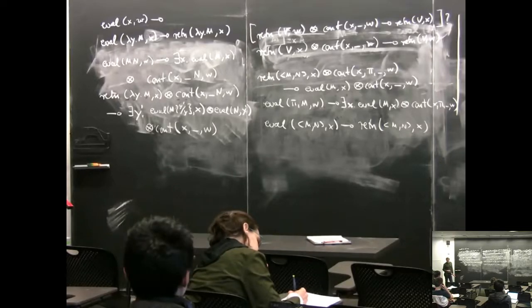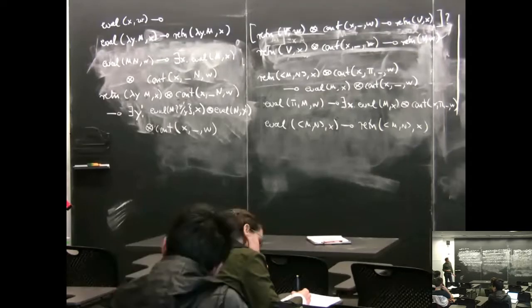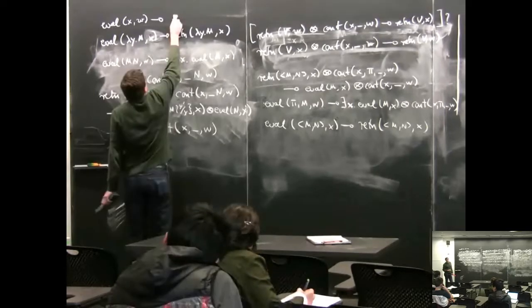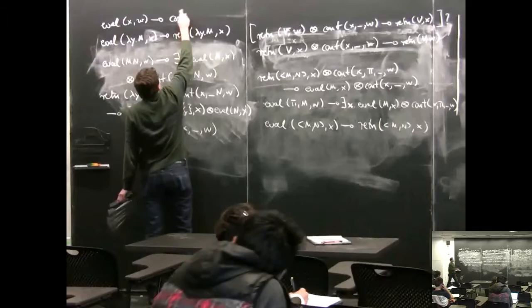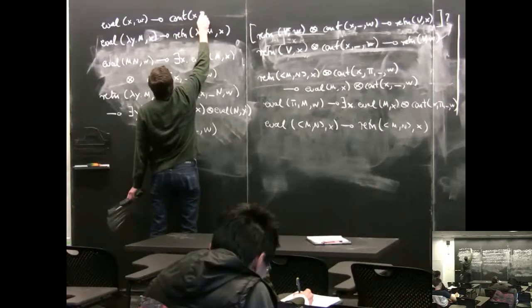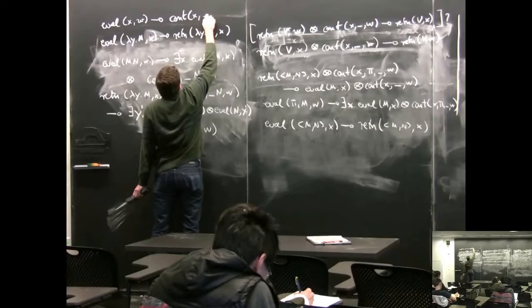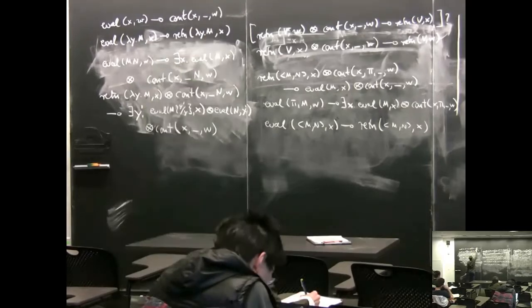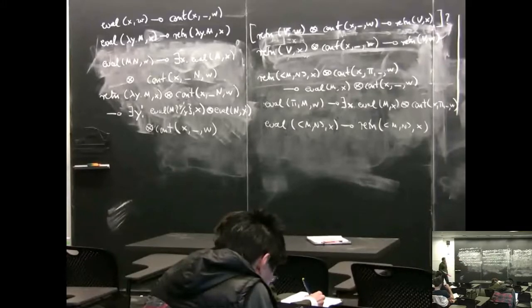Just read it off over there, right? What should happen? Yeah. You have a continuation, X, do nothing, and pass the result on to W. Okay? Okay, does that make sense?